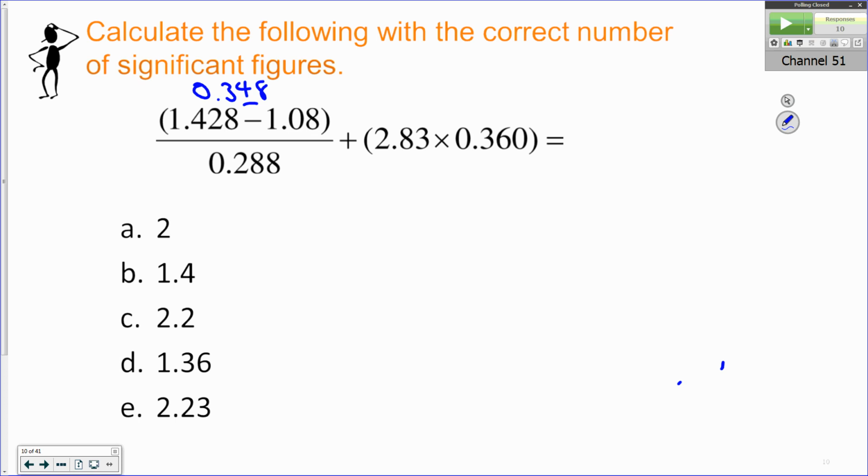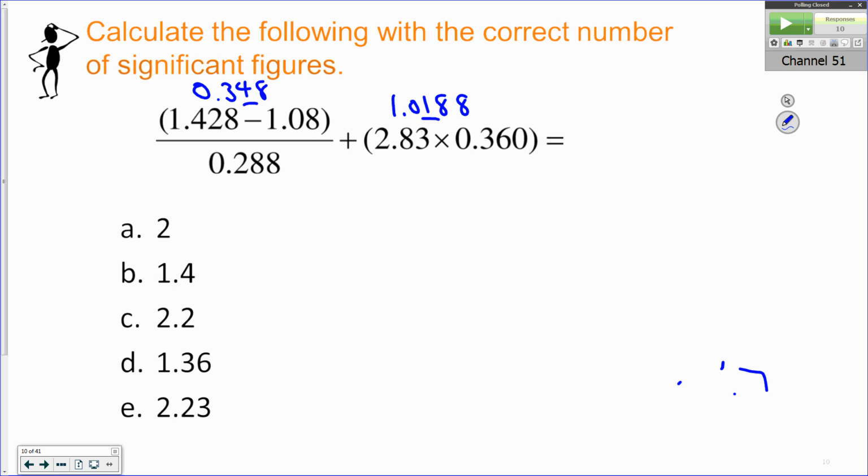Now I'm going to do what's inside of the parentheses on the other side, and my calculator spits out a number with 3 significant figures. My answer is going to be truncated to 3.